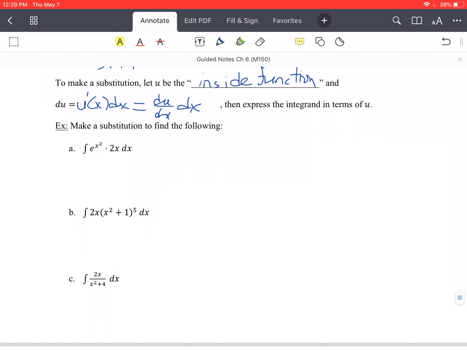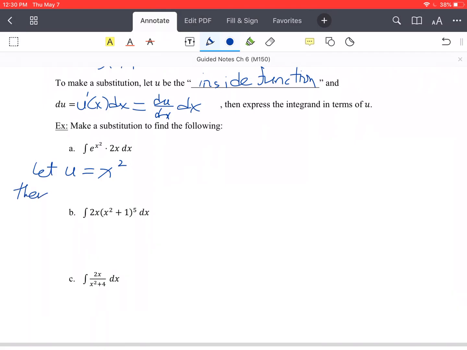So let's go ahead and make a substitution for these. We've already seen how to do these from the derivatives, but let's show how to do it using the u substitution. In this case, identify the inside function as the x squared. So we're going to let u equal x squared. Then du, we don't have a choice. It's just whatever the derivative of u is.